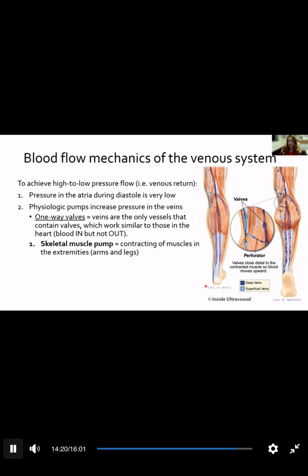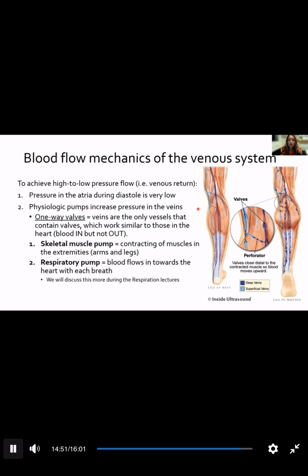A leg at rest, your veins are going to be open and not really pushing anything. A leg in motion, however, you're going to be contracting some of these muscles over here. When you zoom in, you can see there's actually a push of blood up through those valves, and that allows the pump to pump blood up towards your heart. It's going against gravity.